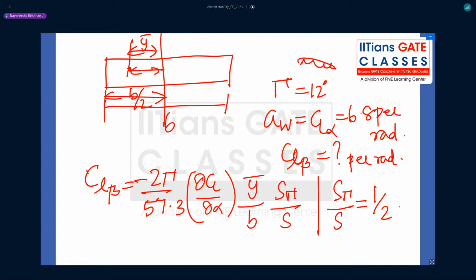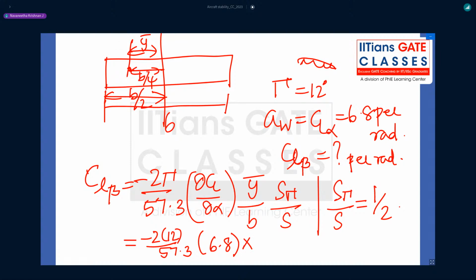So this location is b by 4, because half of b by 2 is b by 4. So it is minus 2 into 12 by 57.3, into aw which is 6.8 per radian, into y bar by b.